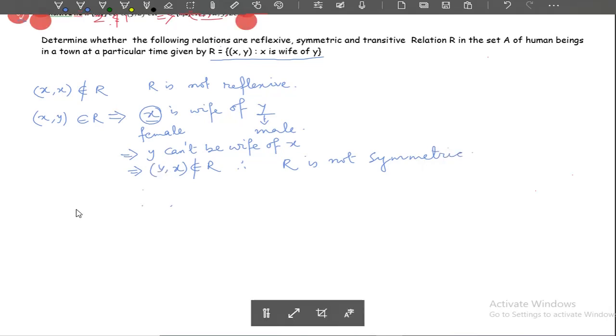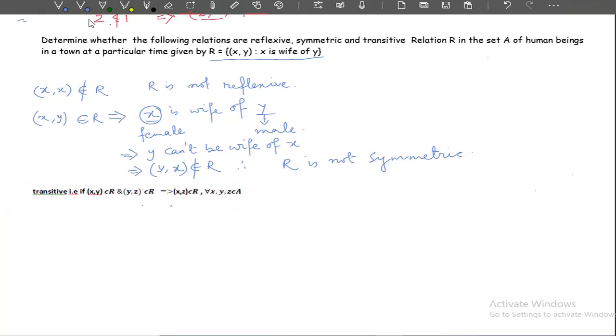Before we answer whether this relation is transitive or not, we should once again see the definition of transitivity. The relation is said to be transitive if (x, y) belongs to R, (y, z) belongs to R, then (x, z) belongs to R. If this (y, z) doesn't belong to R, no question arises that (x, z) belongs to R. Are you getting my point?